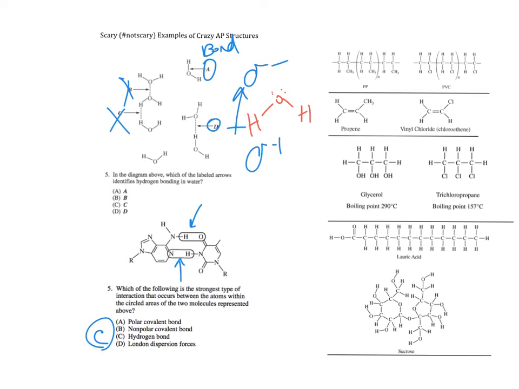These are just some pictures that I wanted you to look at. There was a question a few years back asking which of these substances, this was a polyurethane something or other, I can't remember, and this is PVC, like PVC pipes, and the question was which one of these was going to float in water and which one would sink. And so looking at the structure, if you think about things floating and sinking, we're thinking about density, right?